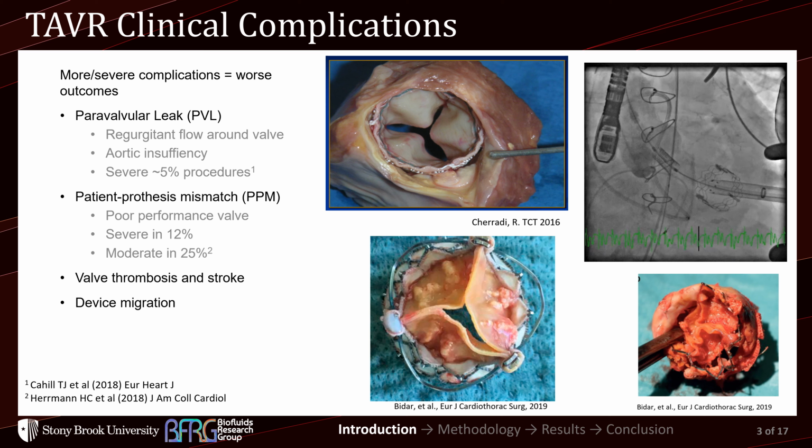Other complications, older ones, would be device migration. You can see in this video, the Sapien valve had actually migrated into the ventricle of the patient. And finally, there's an increase in pacemaker implementation with TAVR as the stent frame is placing stress on the AV node or the LBB region.